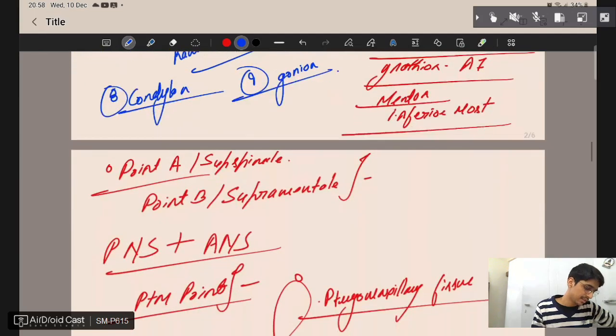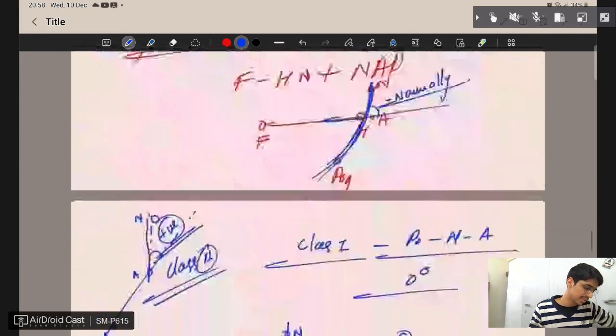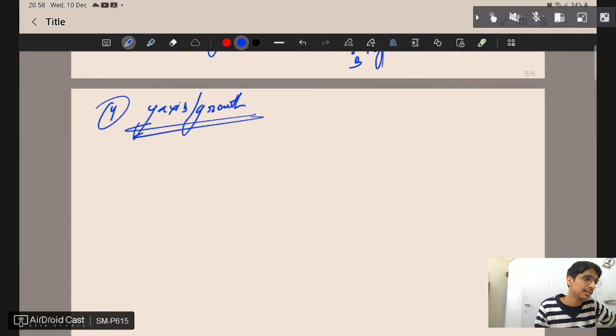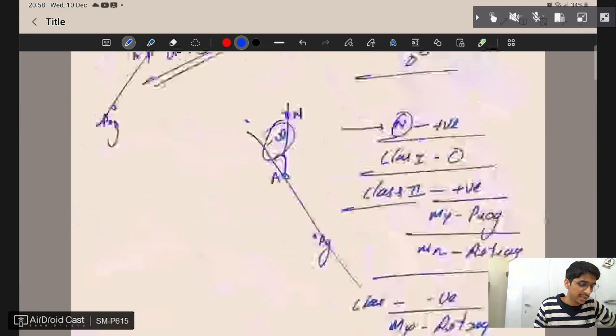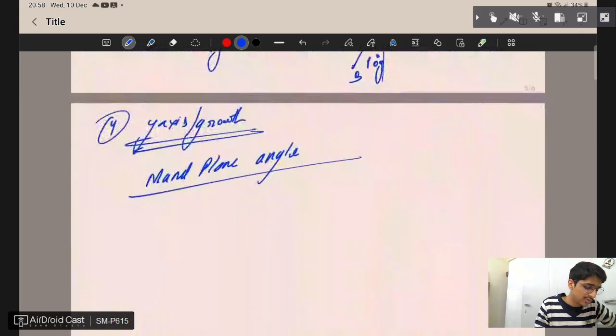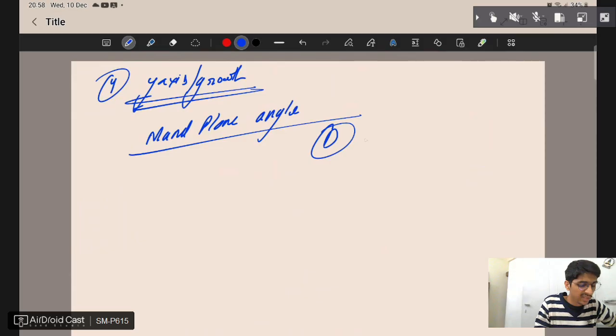So the last thing about the skeletal parameters is the mandibular plane angle. Now guys, in Downs analysis, the mandibular plane goes from gonion to menton.